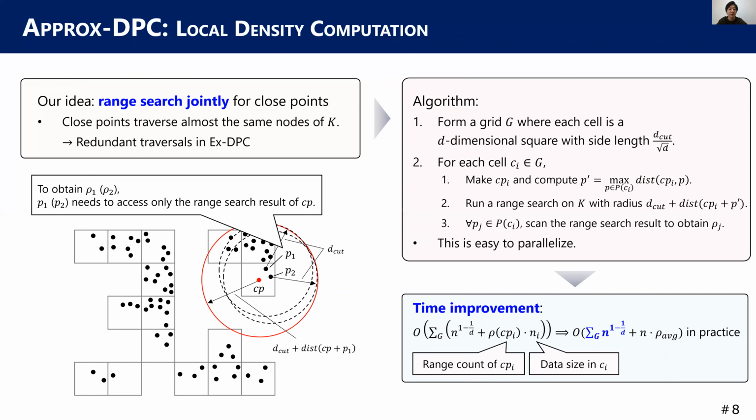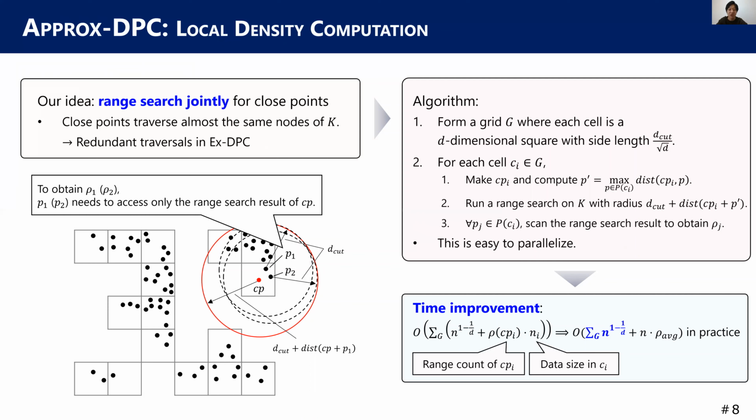Let's see the left figure and assume the range search of the red circle. The circle centered at P1 or P2 is covered by the red circle. So to obtain the local density of P1 and P2, we need to access only the range search result of the red circle.